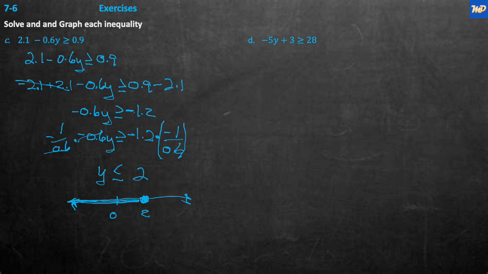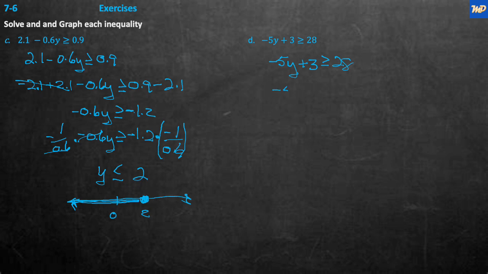Okay, for the last problem, minus 5y plus 3 is greater than or equal to 28. So we have to get rid of the 3 by subtracting 3 from both sides.